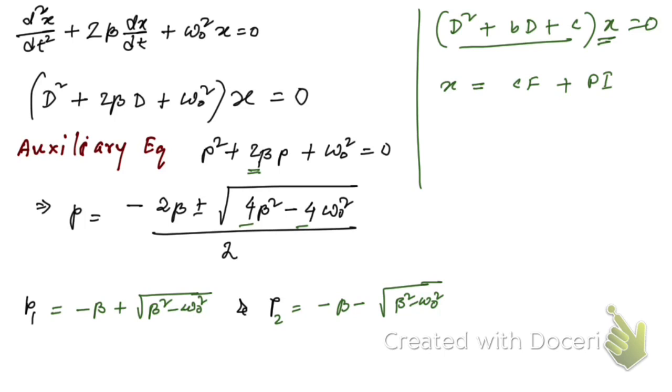Okay, so cf means complementary function, pi means particular integral, and here on the right hand side we have 0, so the particular integral will be 0, and we end up getting the solution cf. Okay, x is equal to cf, and cf in this case, if we get m1 and m2 as roots of this auxiliary equation, then we used to write the solution this way.